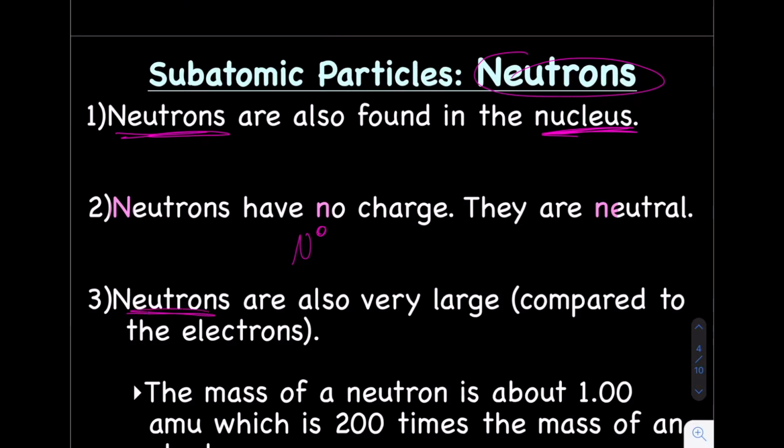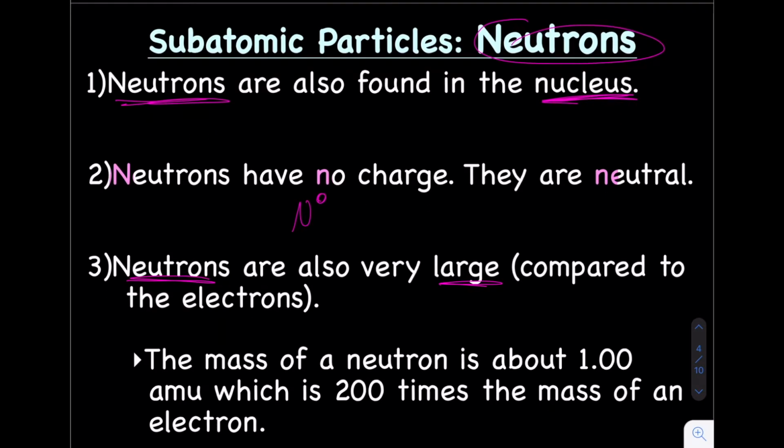Neutrons are also pretty large, again, compared to the other subatomic particles, compared to the size of the electrons. Okay, in fact, they're basically the same size as a proton. They are also 1 AMU, which is 200 times the mass of an electron.